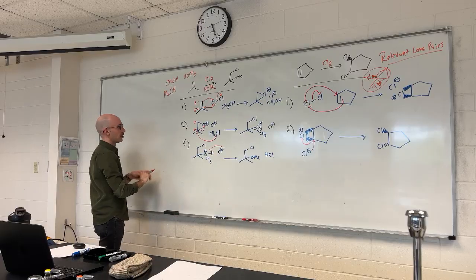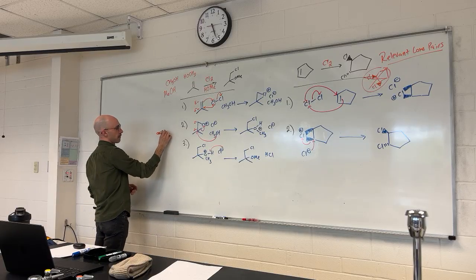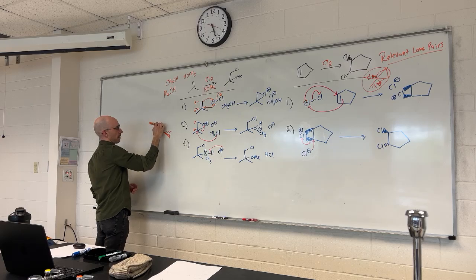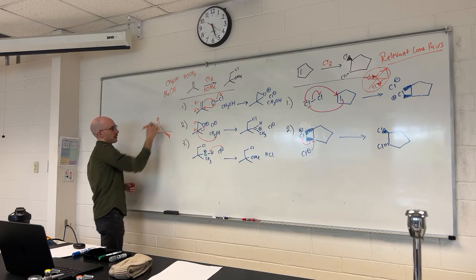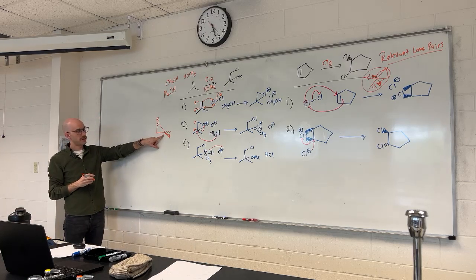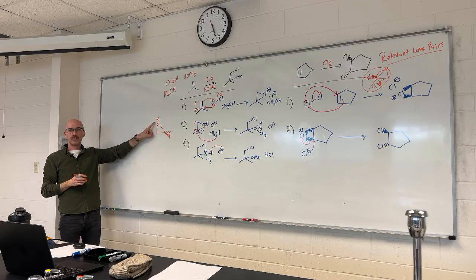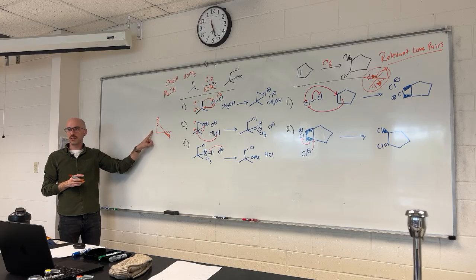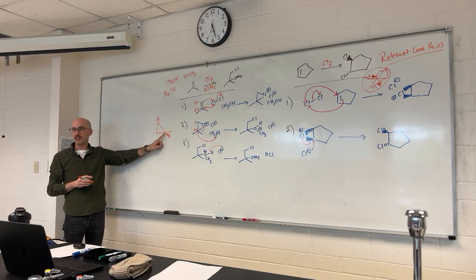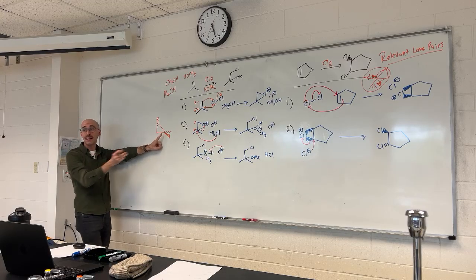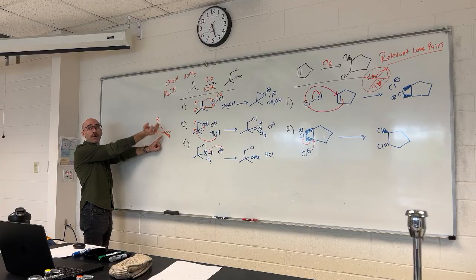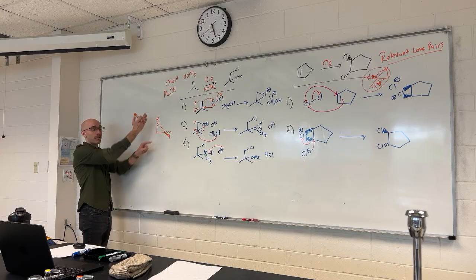In fact, if you look at the bond lengths, you'll actually see that the bond to the more substituted carbon is longer than the bond to the less substituted carbon. That's going to put more strain on the more substituted. And by strain, I mean its electrons are constantly closer to the chlorine.